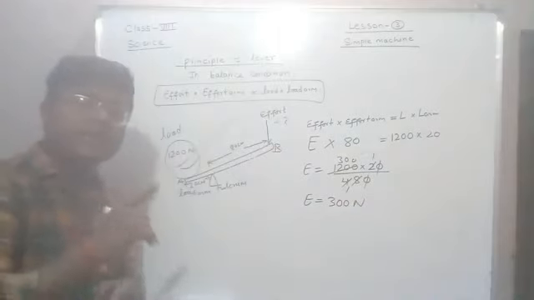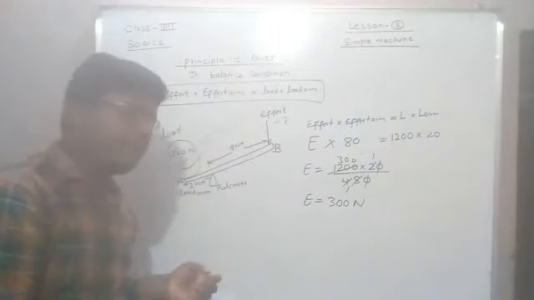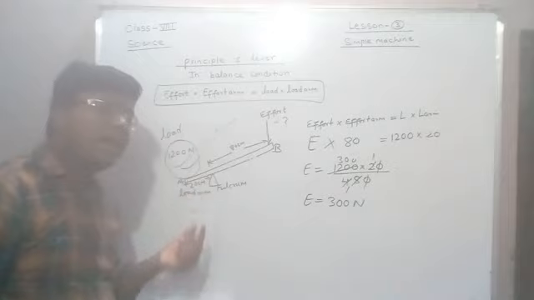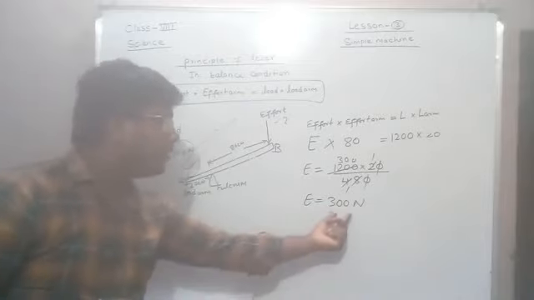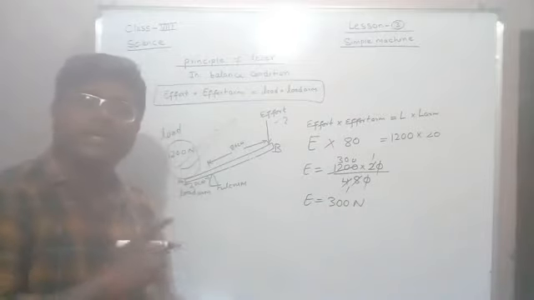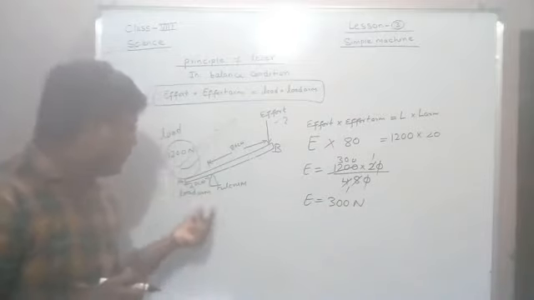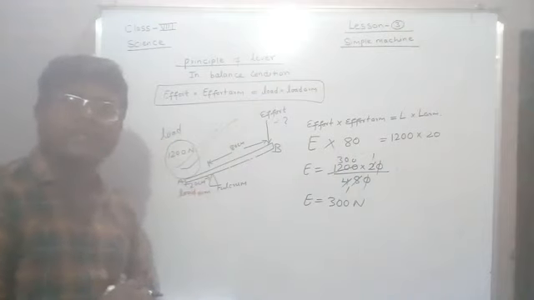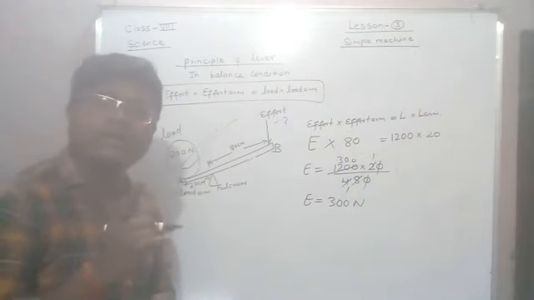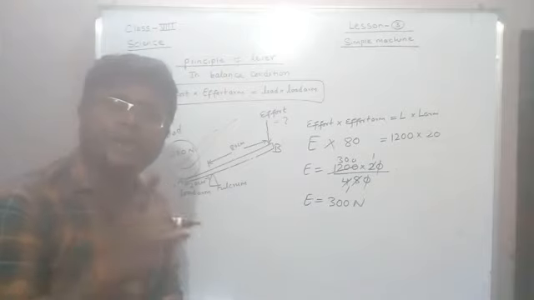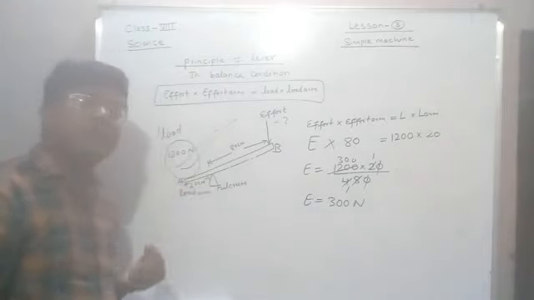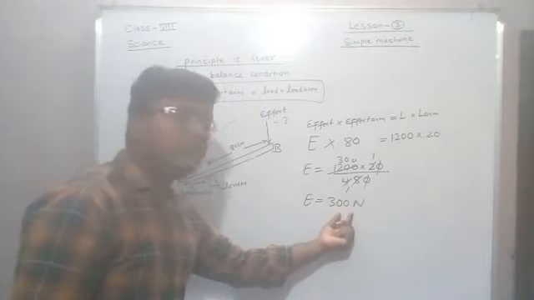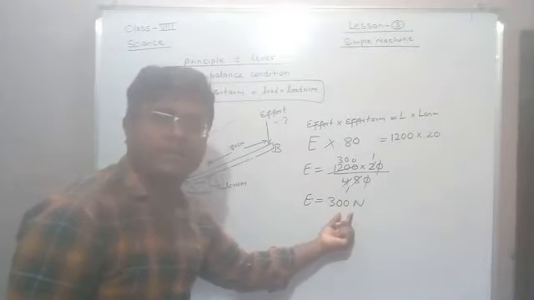In the previous case, same condition but the load arm was 30 centimeter, we got effort as 450 Newton. After decreasing the load arm to 20 centimeter, we got less effort, only 300 Newton.